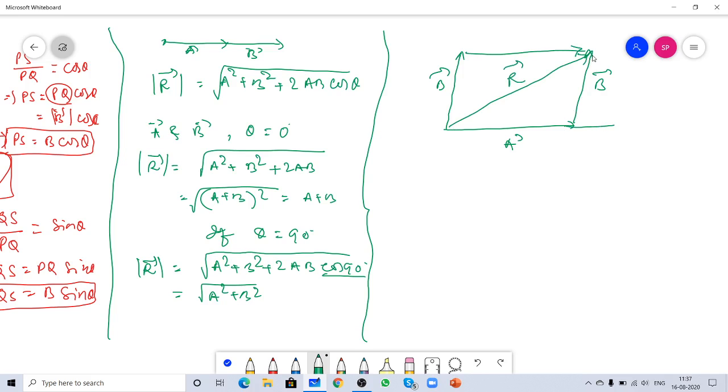Now we have extended this one and this is your 90 degree. The total angle is theta and this angle is, let's say, alpha. The angle the resultant vector is making with the a vector is, let's say, alpha. And here let's say this angle is beta.